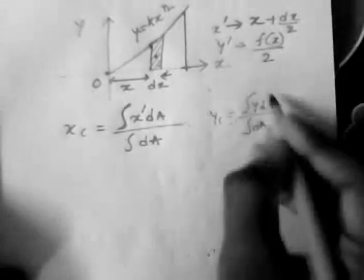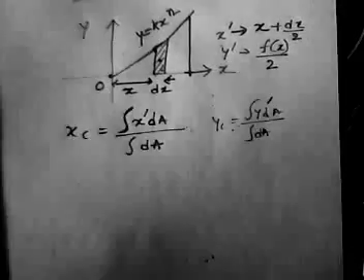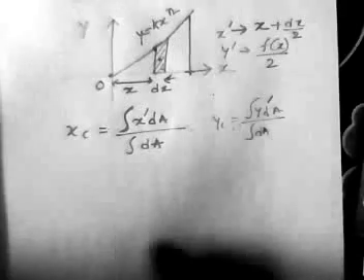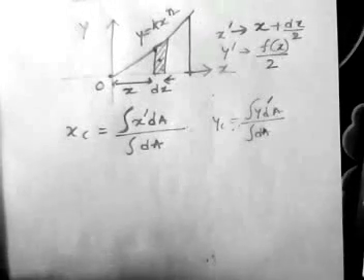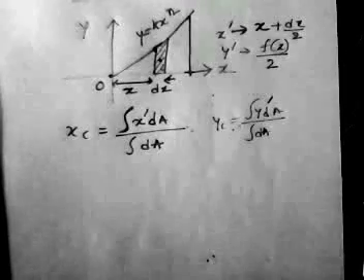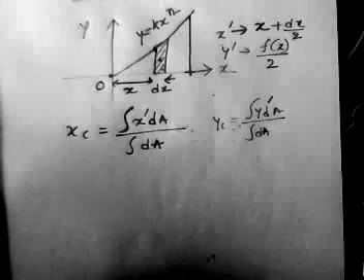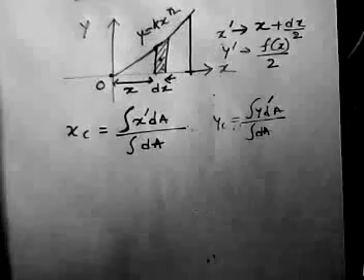Same thing for y dash. We are considering it very small, so the function f of x and f of x plus dx will be almost the same. So the centroid will be f(x) by 2, and this is nothing but y dash.